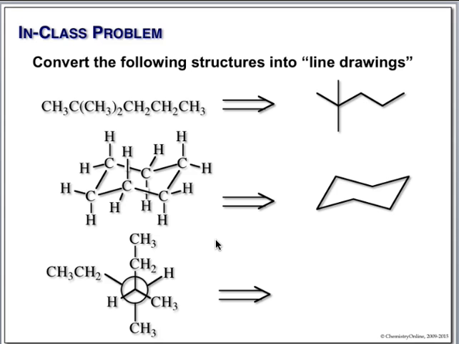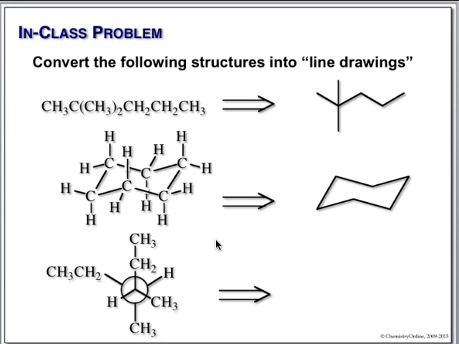And finally, let's take this Newman and untangle it. Let's look for our chain, our longest chain. It's going to be 1, 2, 3, that's our front carbon. 1, 2, 3, our back carbon is 4, then 5, 6.